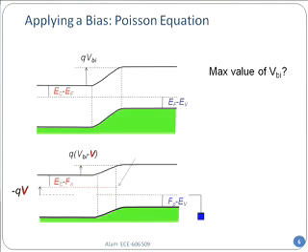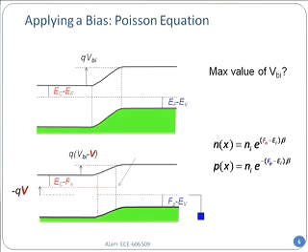Another rule is that when things are out of equilibrium, then n at any position x is not simply ni e to the power (EF minus Ei) multiplied by beta, where beta is 1 over kT; I'm writing beta as a short form.